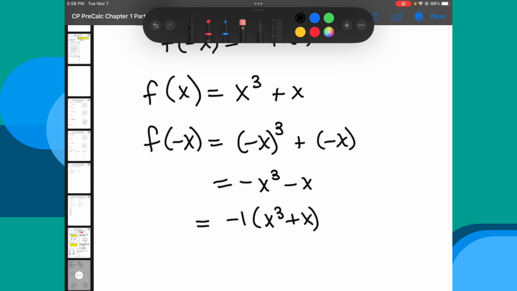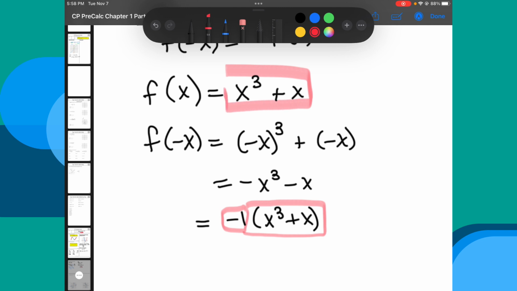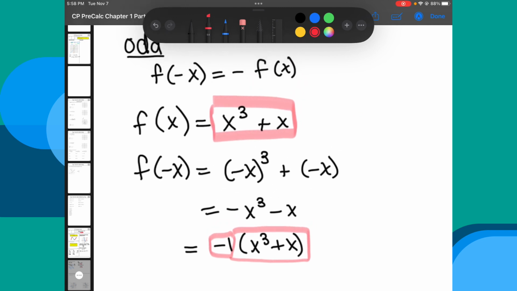And we get negative 1 being multiplied by our original function, because here's our original function. So that means that we had our original function, we plugged in that negative x, and we got negative of the original function. So that's how we would get an odd function.